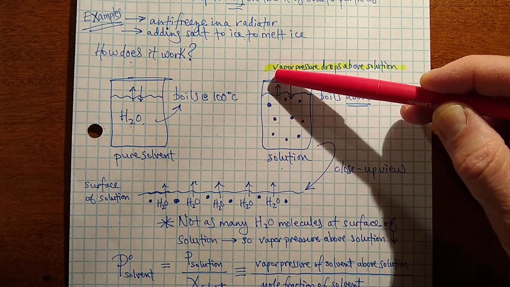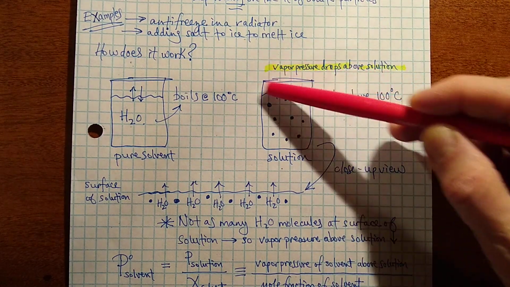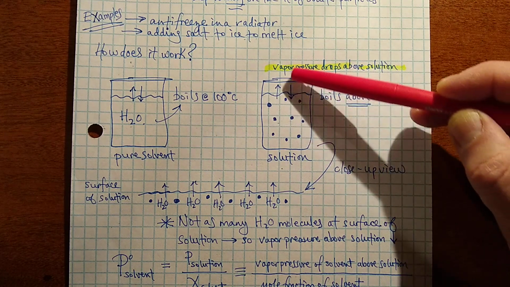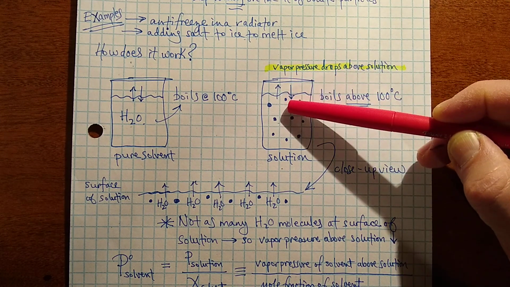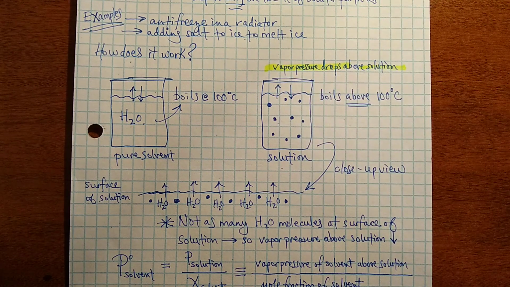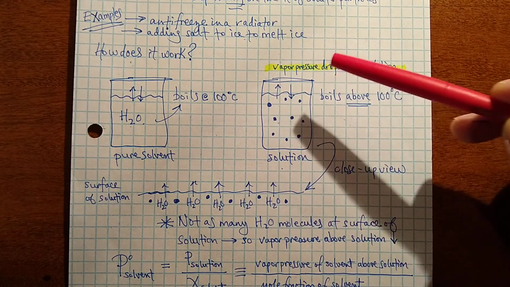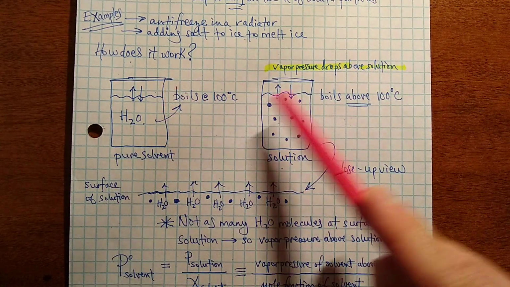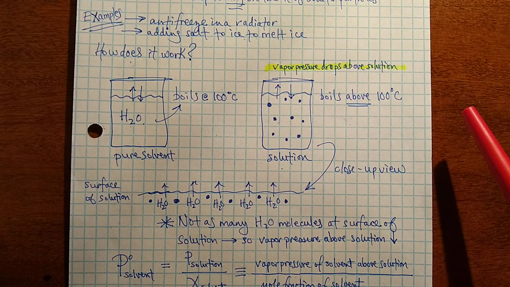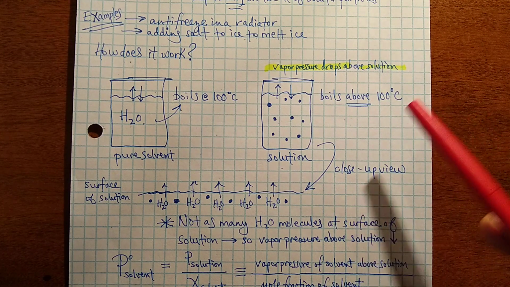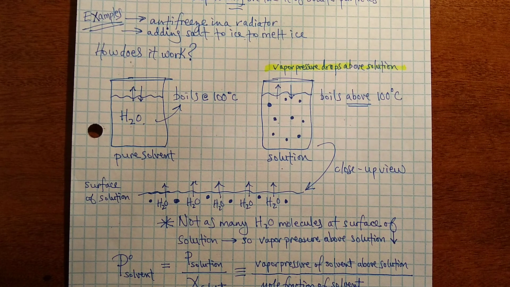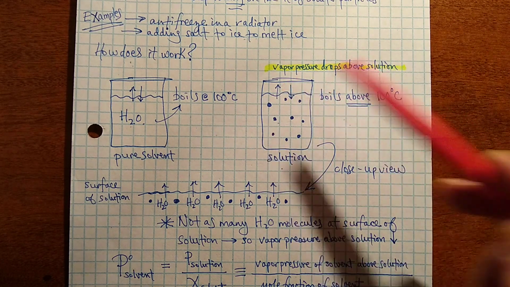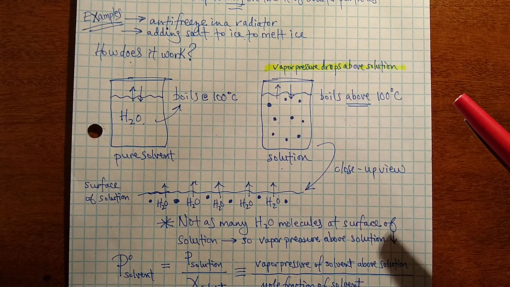When water molecules evaporate, they create gas, water vapor, but sometimes the water vapor can condense back into the liquid state. When that's at equilibrium, you have the vapor pressure above the solution. So this almost has to be in a closed system, but I just drew it in an open beaker in this diagram. But you can imagine that the vapor pressure really is the pressure that you could measure above a liquid. In an open system, it might be kind of difficult to do.